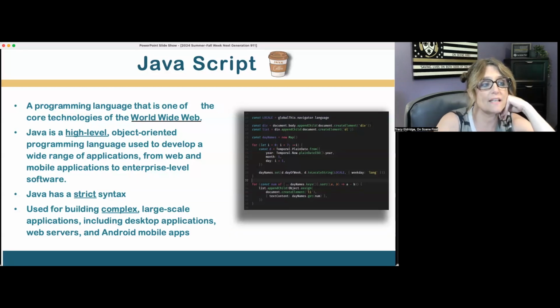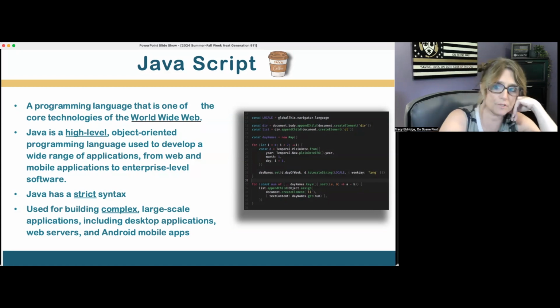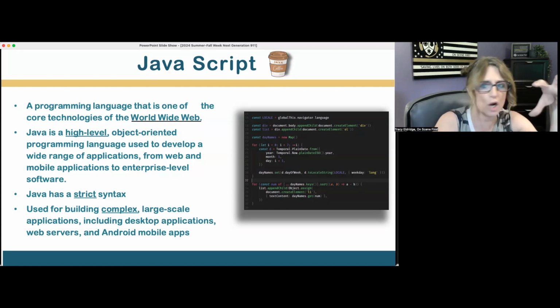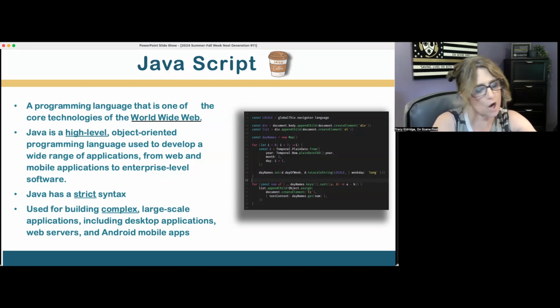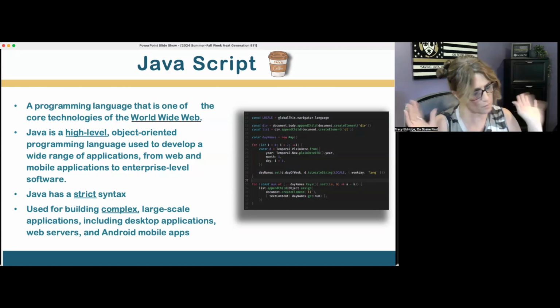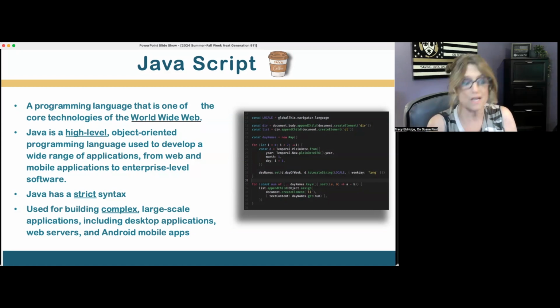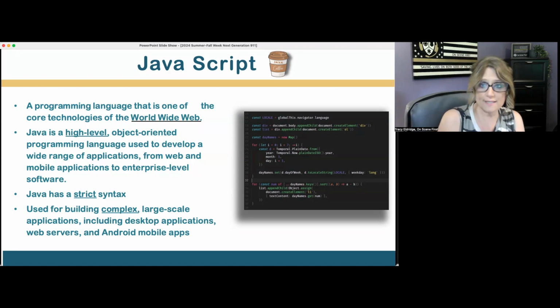Java is a high level object oriented programming language used to develop a wide range of applications, from web to mobile applications to enterprise level. Much more complicated, and I need my coffee to be able to dig in and understand this. Without coffee, we're not understanding it. So there's Java. Java has strict syntax.